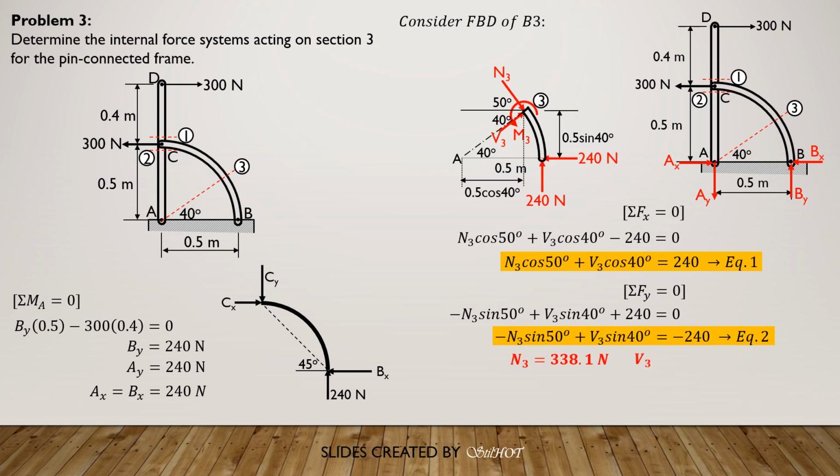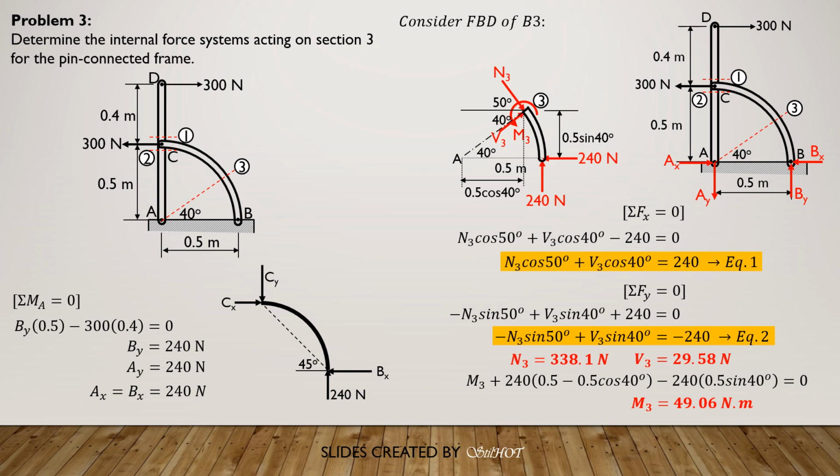So this is compression, and V3 is 29.58 newtons, so that's also the correct direction of V3. Then for M3, we sum up moment about section 3 equals 0. Assuming counterclockwise positive, we have M3 plus 240 times 0.5 minus 0.5 cosine 40 minus 240 times 0.5 sine 40 equals 0. So solving, M3 is 49.06 newton meter.